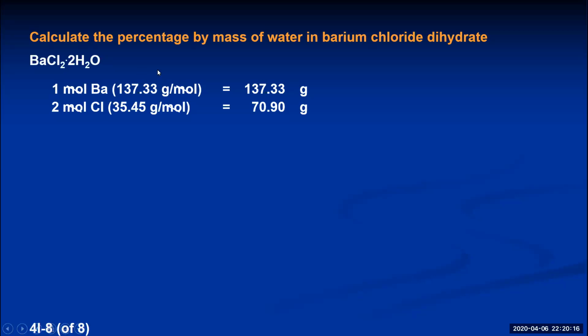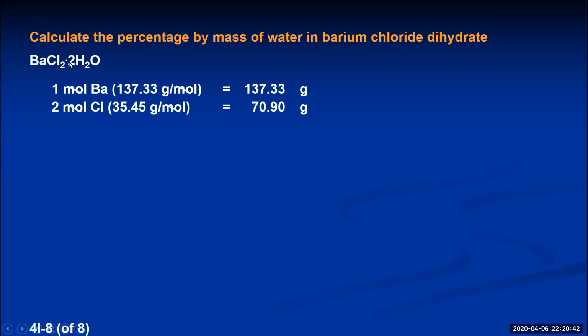And you can finish the calculation by doing 4 moles of hydrogen times 1.01, 2 moles of oxygen multiplied by 16.00. But because I'm trying to calculate the percent by mass of water in the compound, I'm going to calculate in my head the molar mass of water. 1.01 plus 1.01 plus 16.00 is 18.02 grams per mole.